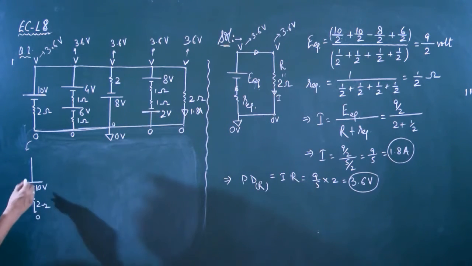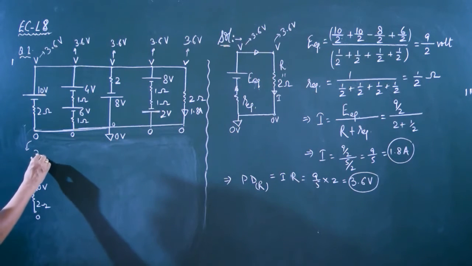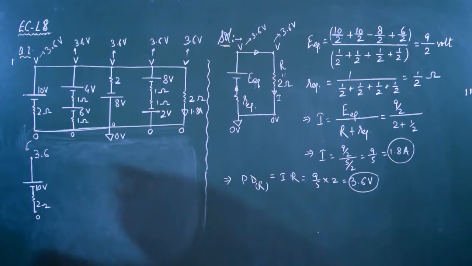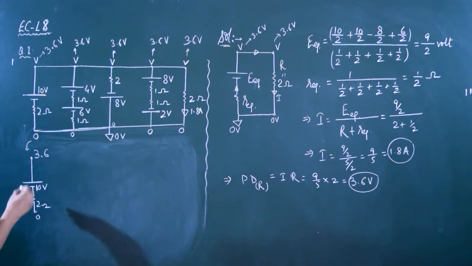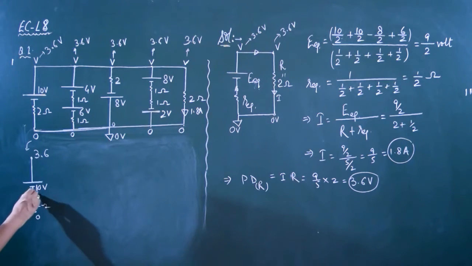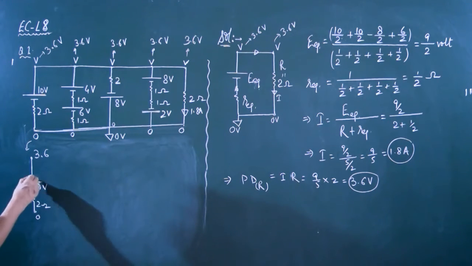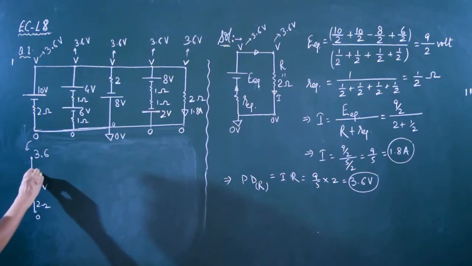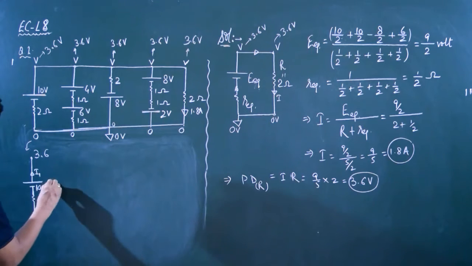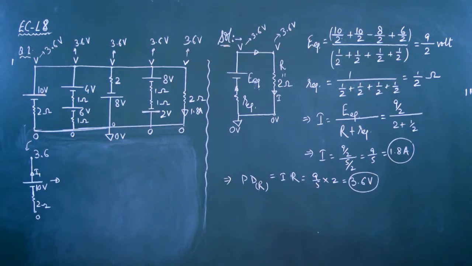Here potential is 0 and here we have potential 3.6 volt. Now suppose current here is I1. Say this cell is in the discharging process because current is coming out of the positive terminal.